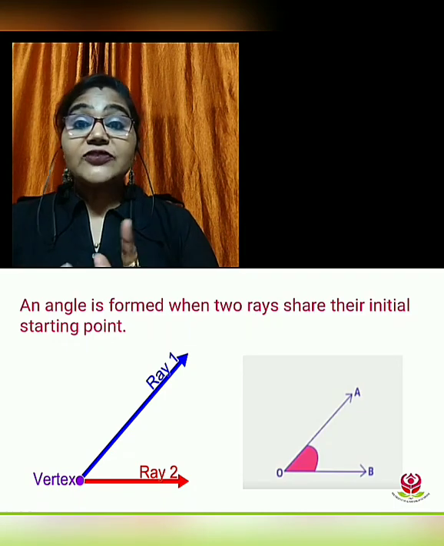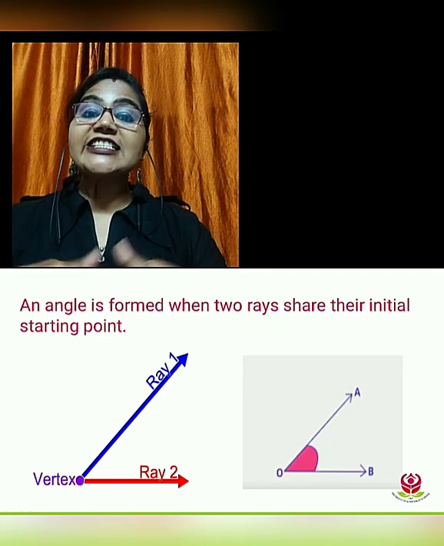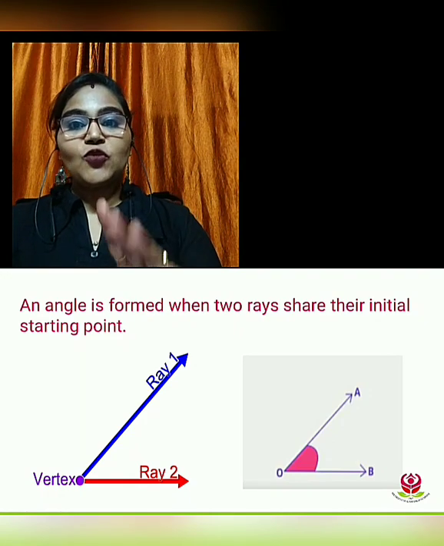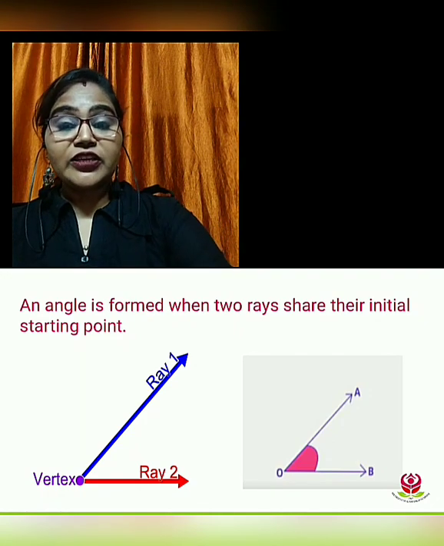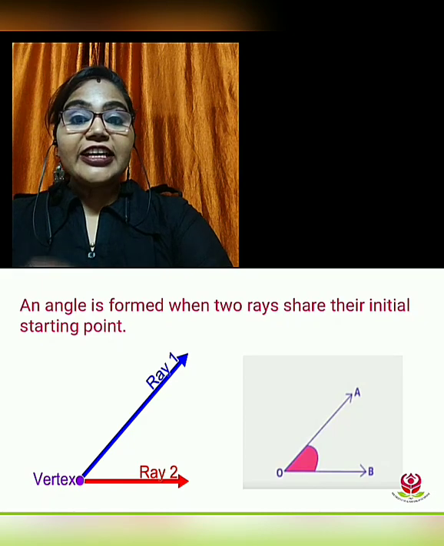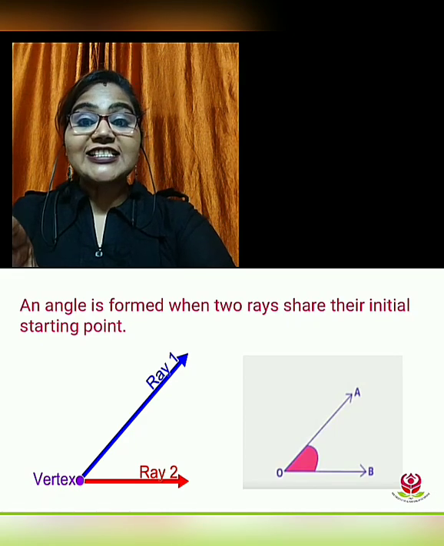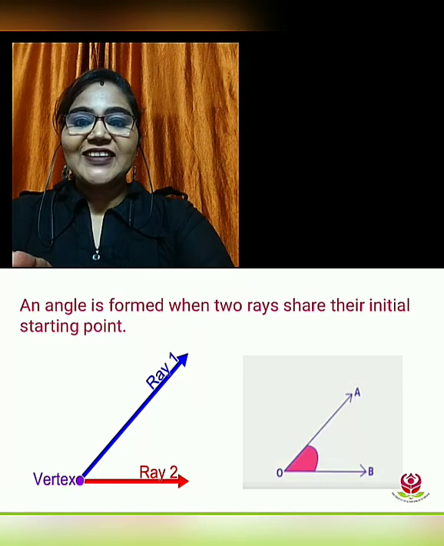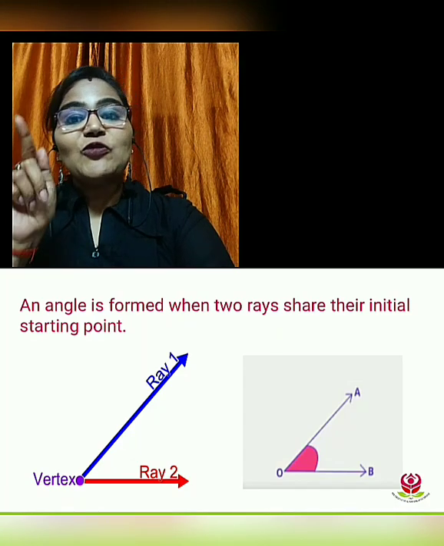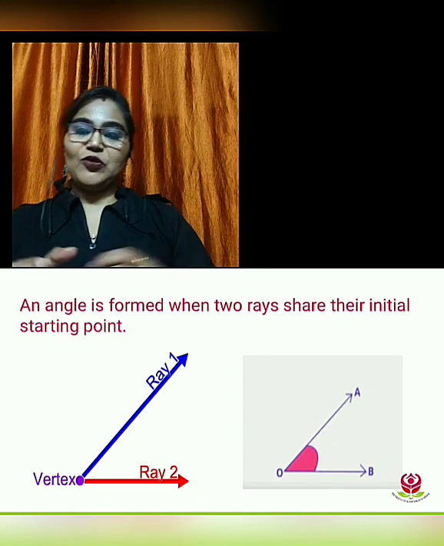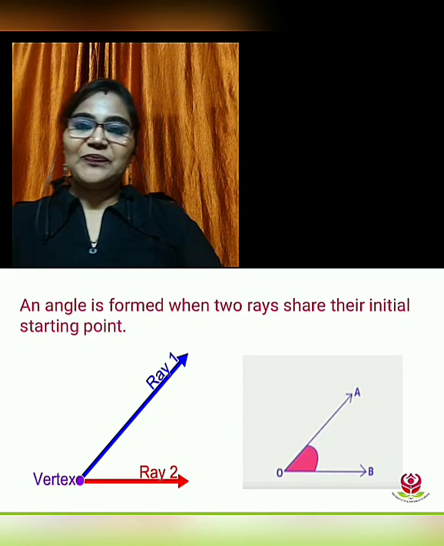An angle is formed when two rays share their initial starting point. You know what an angle is, you had seen that figure. Now in this figure, see, the starting point is shared by two rays, that is the fixed point. So that fixed point is the vertex of an angle. And see the way it is extended on both sides.